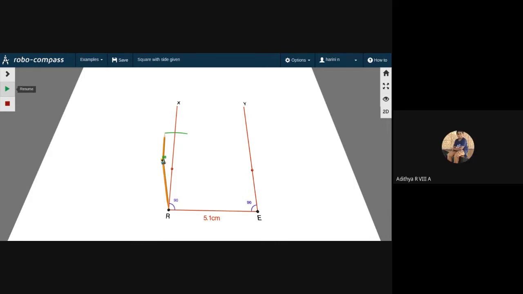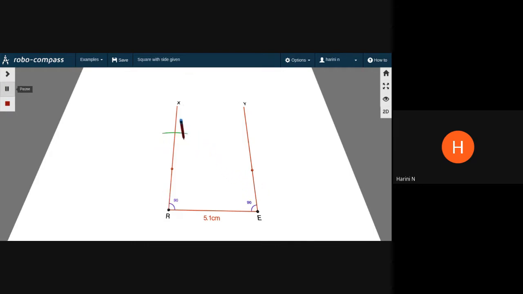Ma'am, with E as center, we should cut an arc of 5.1 centimeters. The same thing you have to do from point E. So with E as center and radius 5.1 centimeters, cut an arc intersecting the ray EY at A. So same thing will happen there also.